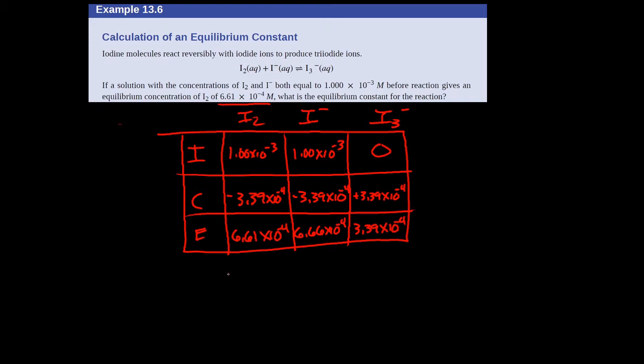So the last thing I need to do is just plug those in. So I'm going to have 3.39 times 10 to the negative 4. It's my one and only product. And since it's just 1 here, I would just have a 1 here, but I'll leave that out. Those are normally left out. And down in the denominator, I will have 6.61 times 10 to the negative 4 squared.